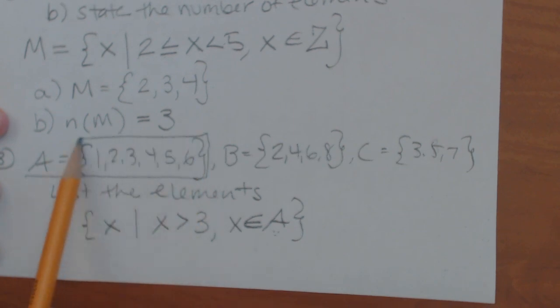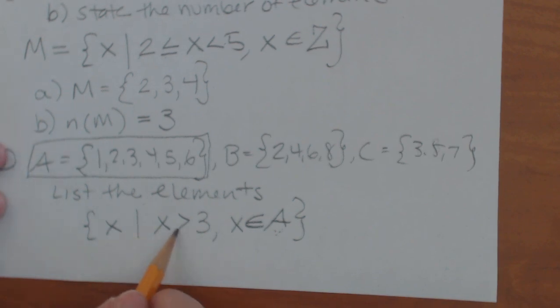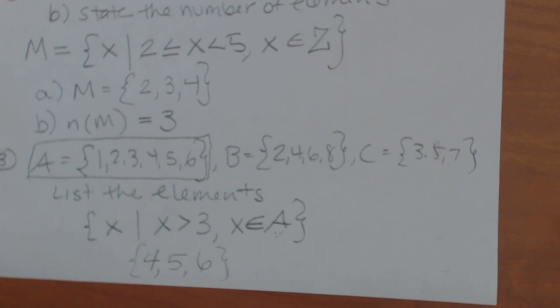This is the only one we're looking at right now because it just says set A. We have to list the elements. Let's see what it wants us to list. It wants us to list that X is going to be greater than 3. So let's list those elements that are greater than 3. There's no equal sign here, so I cannot include 3. So my elements are 4, 5, and 6. And that's it. That's how you do that.